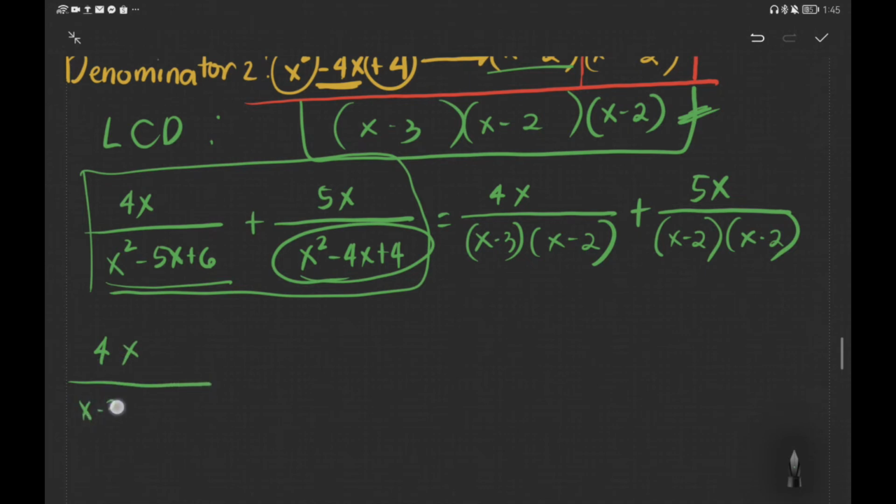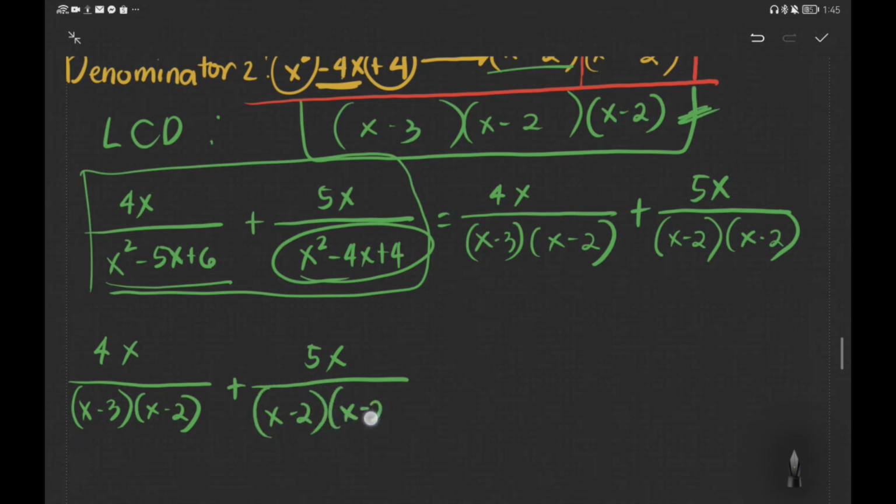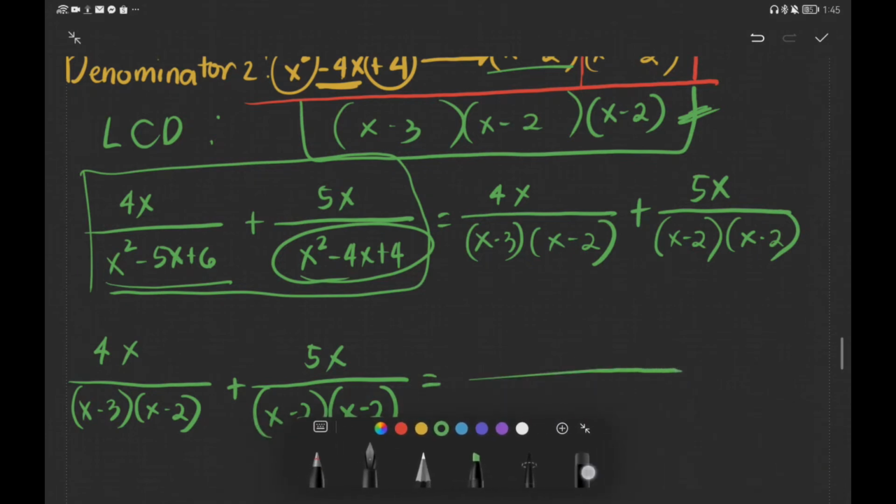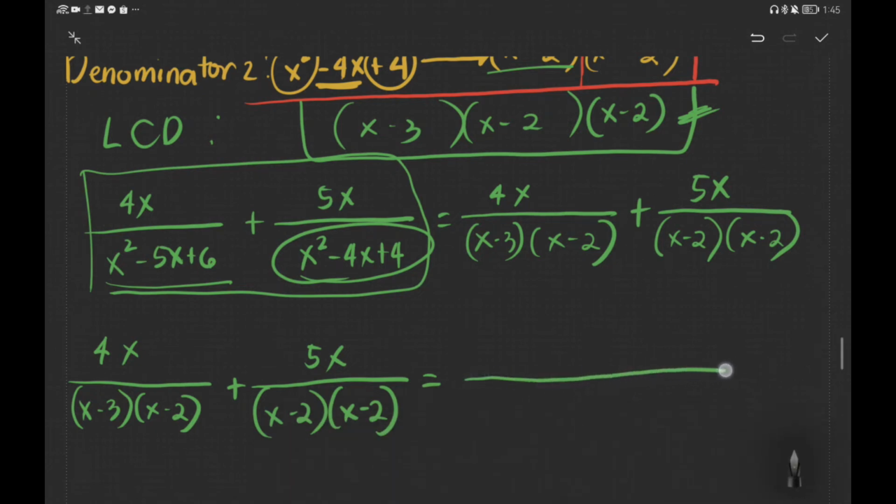That is 4x over x minus 3 times x minus 2, plus 5x over x minus 2 times x minus 2. So, we copy the LCD. The LCD is x minus 3 times x minus 2 times x minus 2.